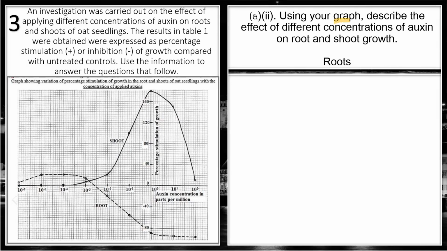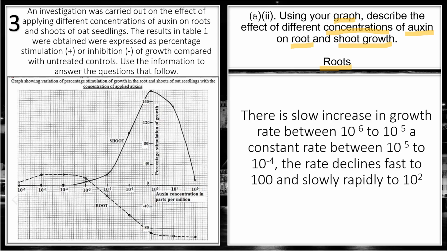Using the graph, describe the effect of the different concentrations of auxins on the root and the shoot growth. Now we want to see the effect on the root. There is a slow increase in growth rate between 10 to power negative 6 and up to 10 to power negative 5.